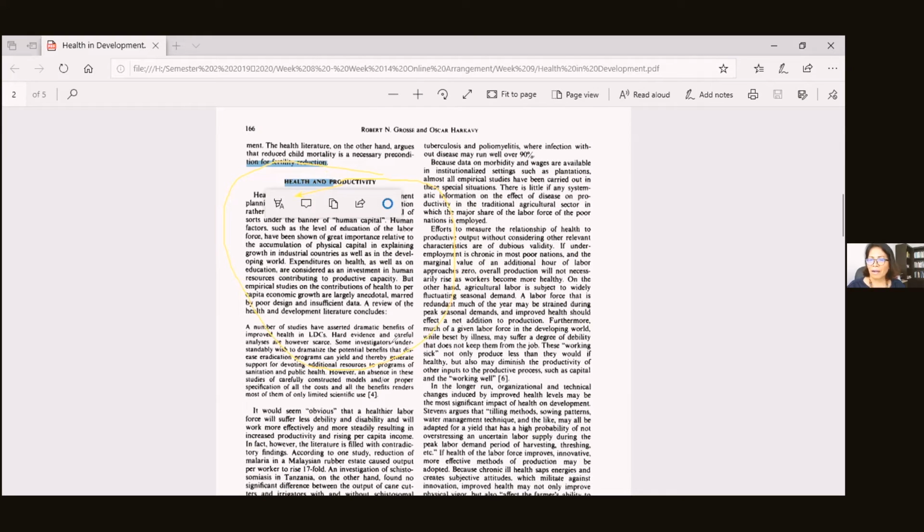How is it working in terms of even relationships between countries, in terms of geopolitical power? You look at the argument between the US and China at the moment. That shows how important health is in terms of development, right?